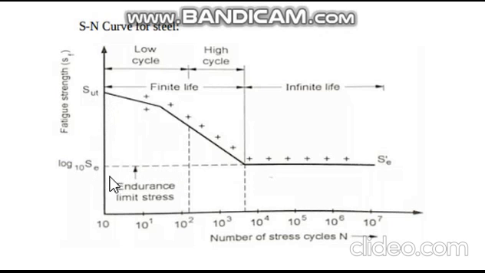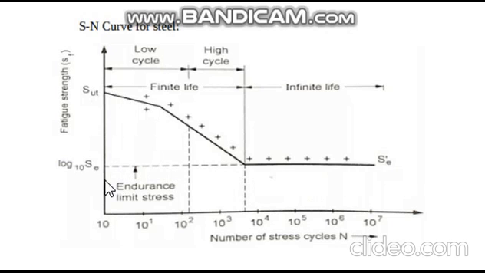If you are loading in such a way that the stress will not pass this, that means your cross section should be big. If the cross section is big, stress will be less. If you are reducing the cross section, stress will go up. If you keep like this, it will never meet that curve.